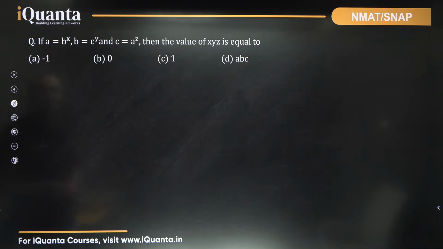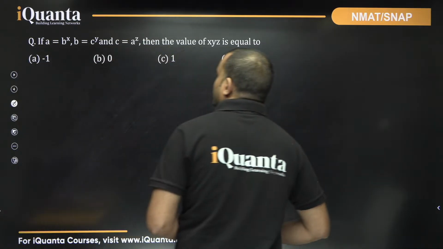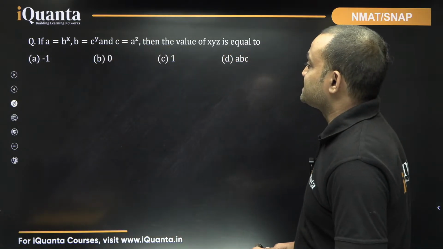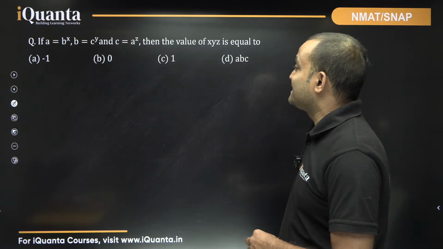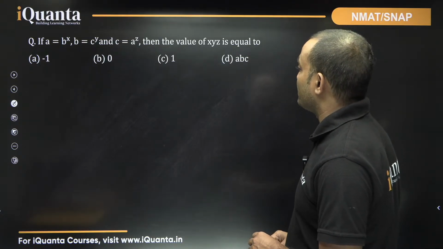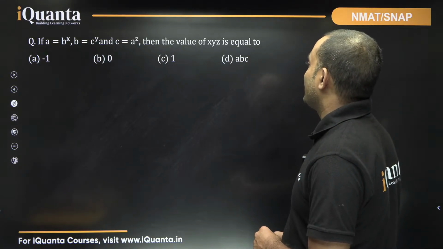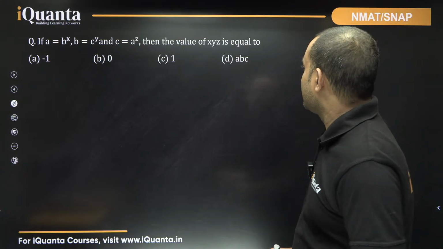Now this question says, if A is equal to B to the power X, B is equal to C to the power Y, and C is equal to A to the power Z, then the value of XYZ is equal to?